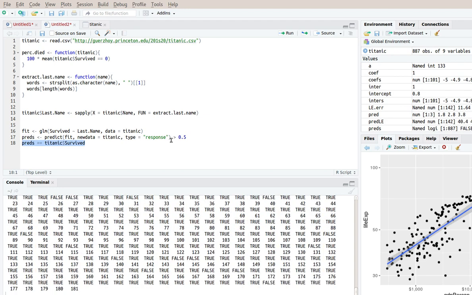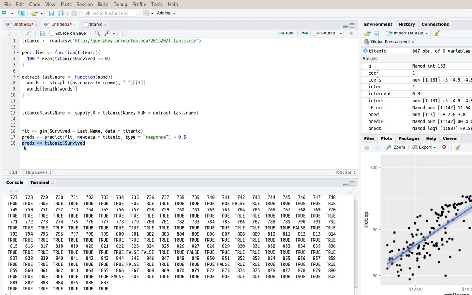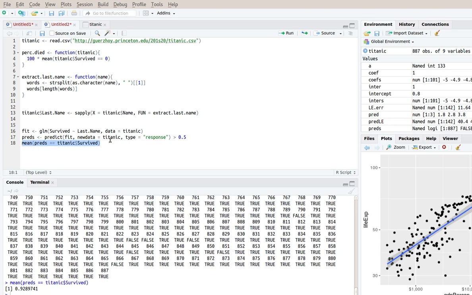Those would be true when the prediction matches survived, so if it's 1 and true, or 0 and false. It would be false if the prediction is not the same as survived. So we have as many trues as we have correct predictions, and if we do mean, we'll get the proportion of correct predictions, which turns out to be 92.